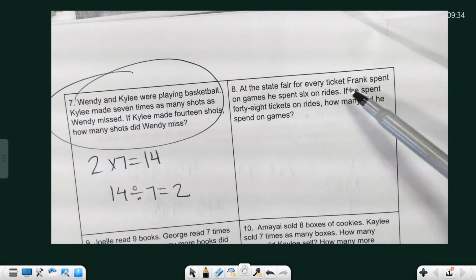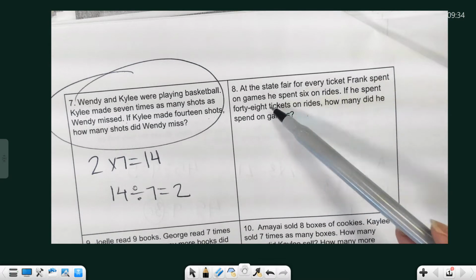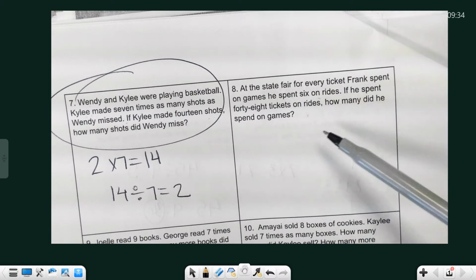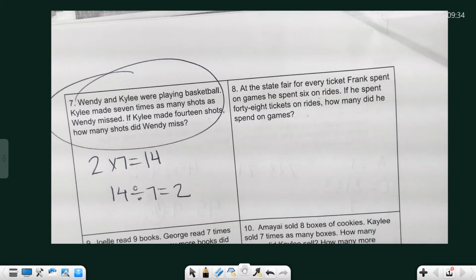So we would have to do 6 times something to equal 48. 48 divided by 6 equals 8. No, wait. 6 times 8 equals 48. Right.